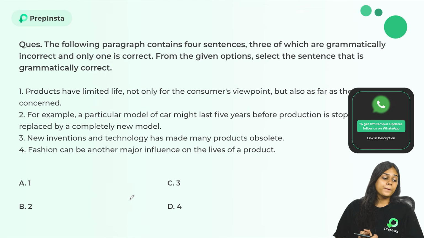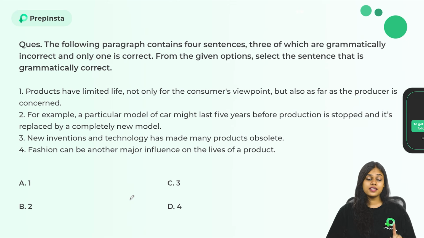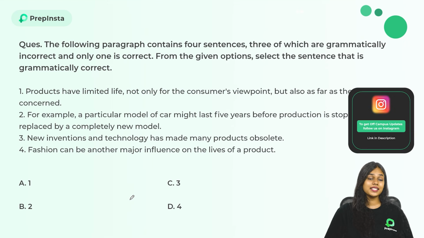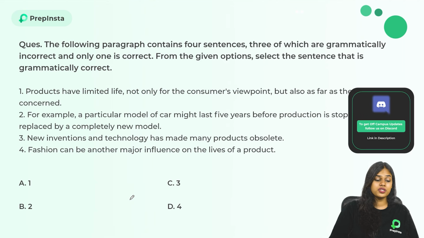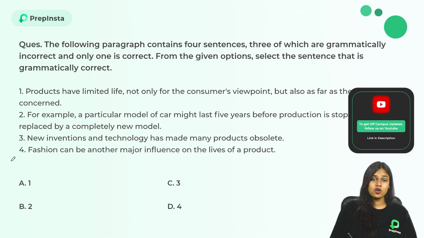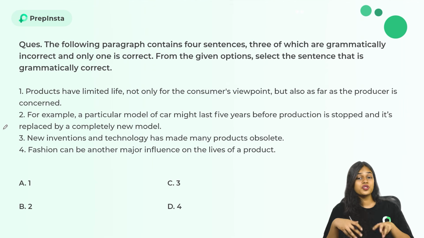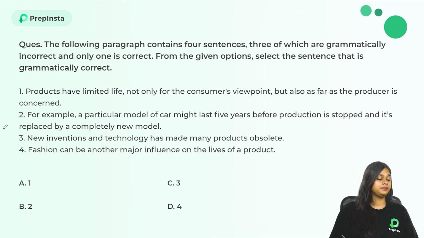All right, moving ahead. The following paragraph contains 4 sentences, 3 of which are grammatically incorrect and only 1 is correct. From the given options, select the sentence that is grammatically correct. So we have 4 sentences out of which 3 are grammatically incorrect and 1 is correct, and we have to choose the one that is correct.